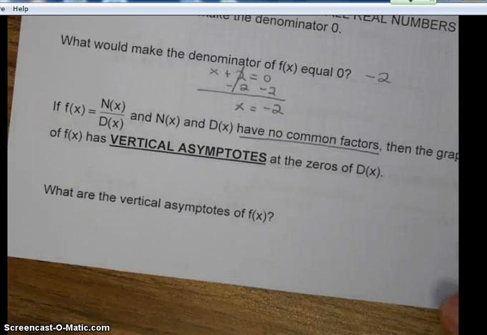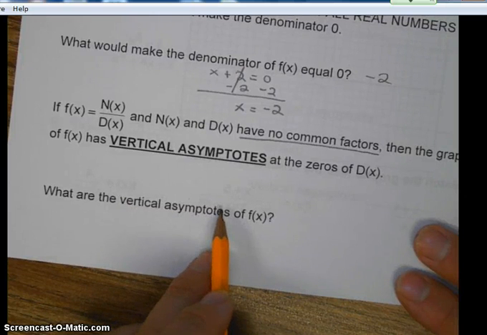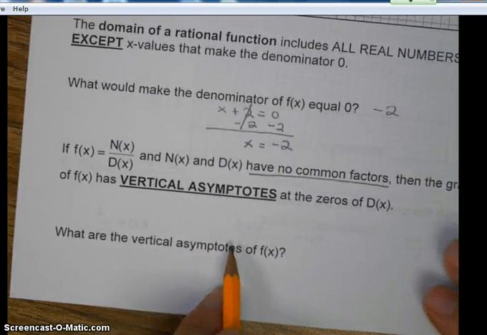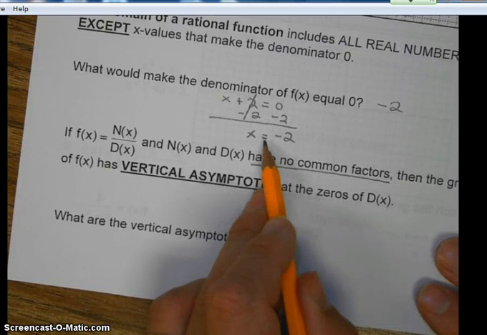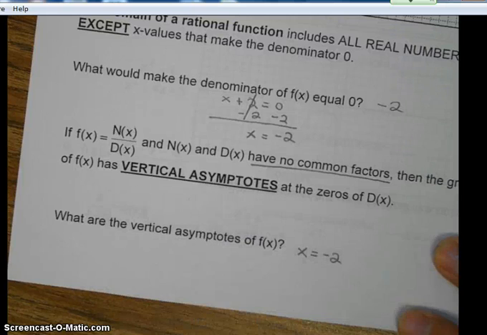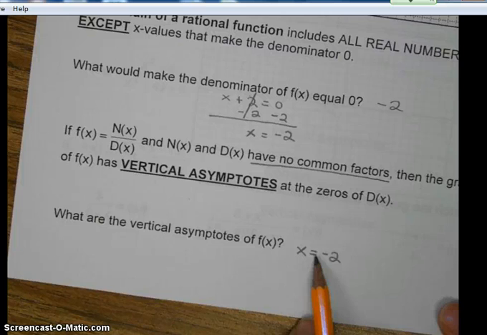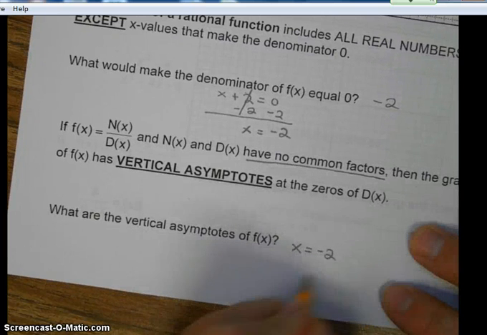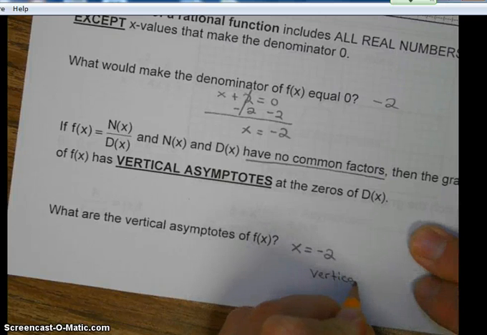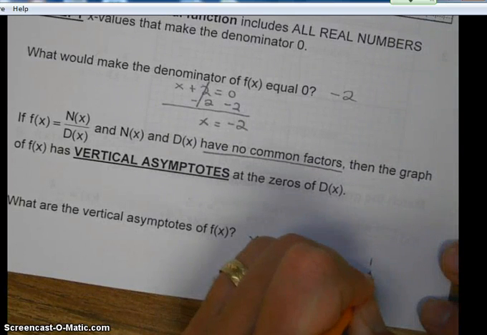What are the vertical asymptotes of f of x? Well, here it is: x equals -2. Remember that a line that starts with x equals represents a vertical line. Since it's an asymptote, we use a dashed line.